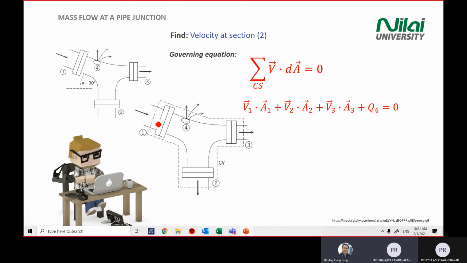You look at point 1: you take the velocity times the area, the dot product. Then at point number 2, you take the velocity at this point times the area. Number 3 is also the same, and Q4 is given, so you don't need to find it anymore because the value is given. Velocity times area gives you Q, the mass flow rate.